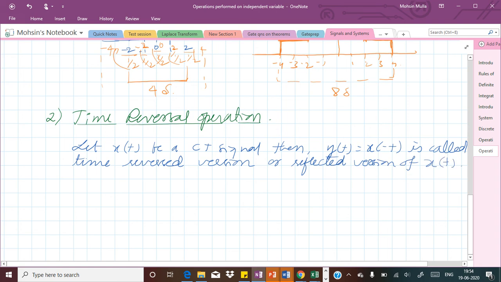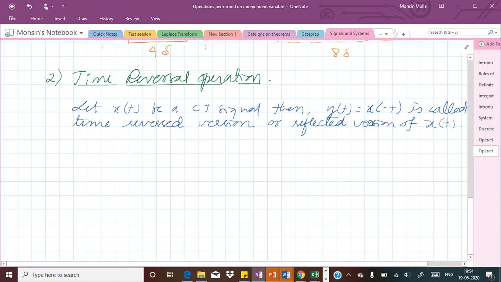This can be understood this way: suppose there is a signal existing between a particular time period. The time values of the signal will be multiplied by a minus sign, so positive time becomes negative time, and negative time becomes positive time. Let us understand this with a simple example.